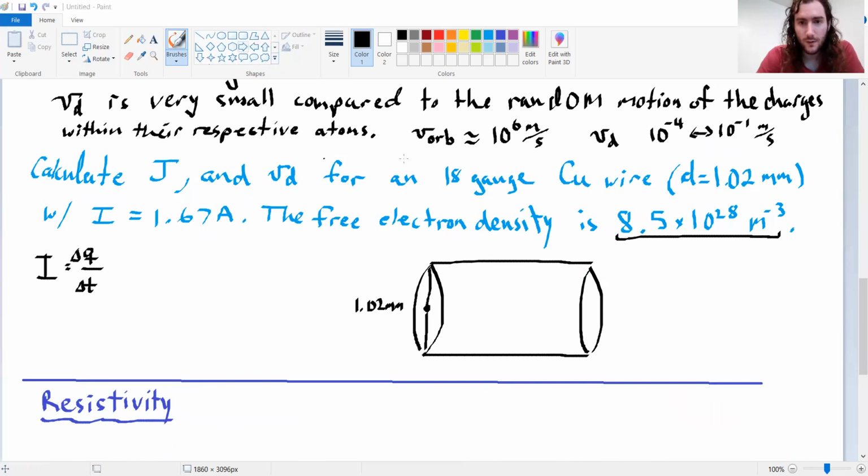Yeah, particles per volume, exactly. So J equals I over A.